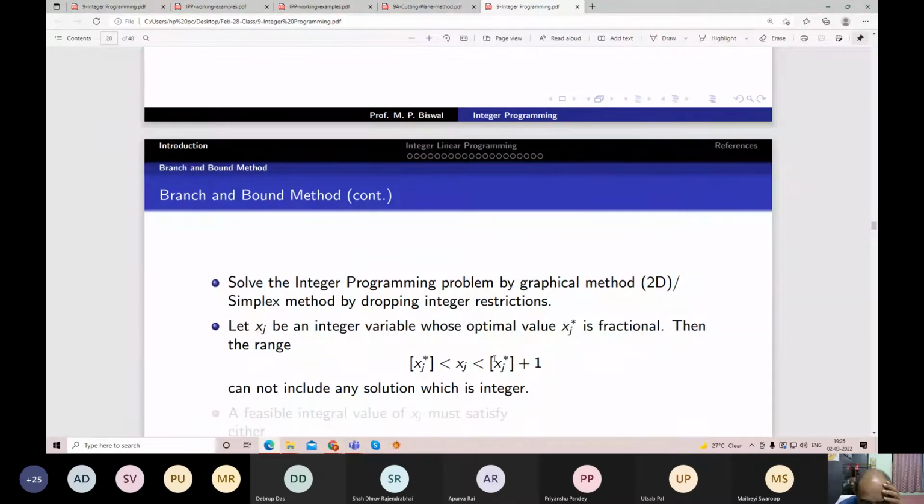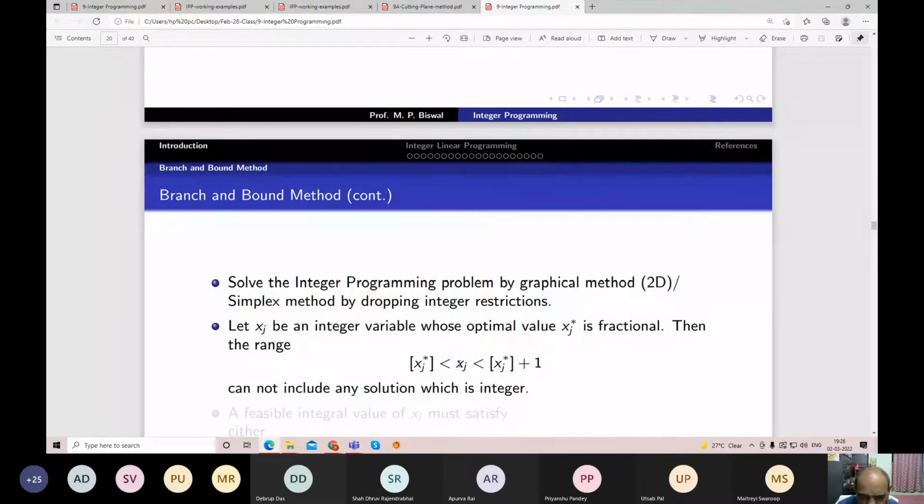For example, my Xj star equal to 4 by 3. What is the integral part of 4 by 3? It is 1. So Xj less than or equal to 1 plus 1, that is 2.